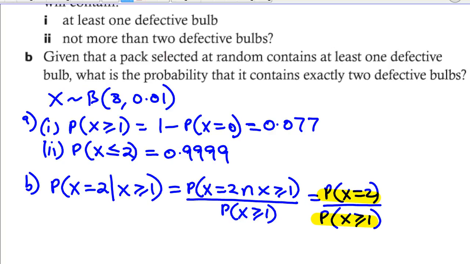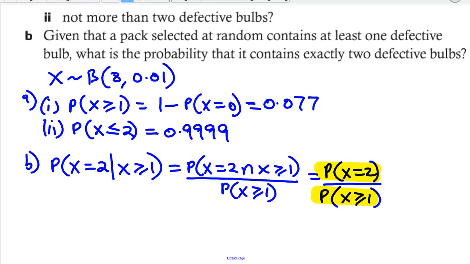Get those answers and plug them in, and you get 0.00264 over 0.077, which will be 0.0342.